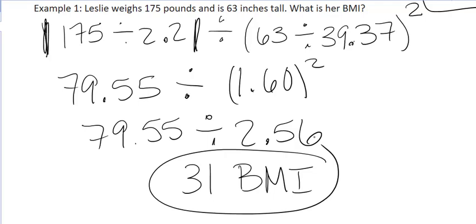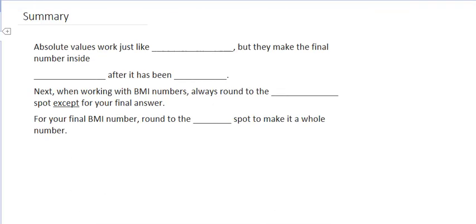So according to the chart, we can see that Leslie is considered obese. So now before we work through another example, let's go over some key points. Absolute values work just like parentheses, but they make the final number inside positive after it has been simplified.